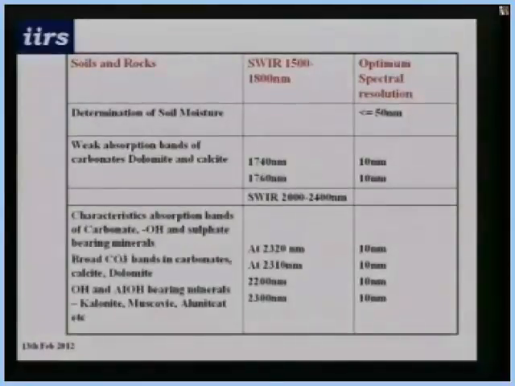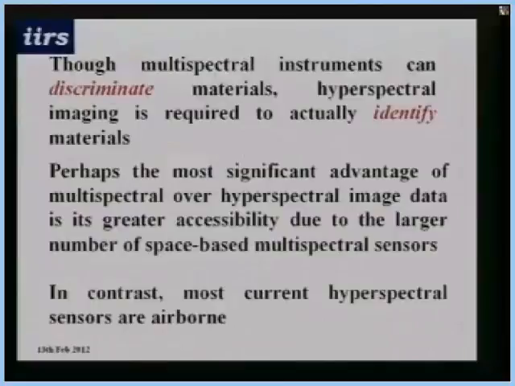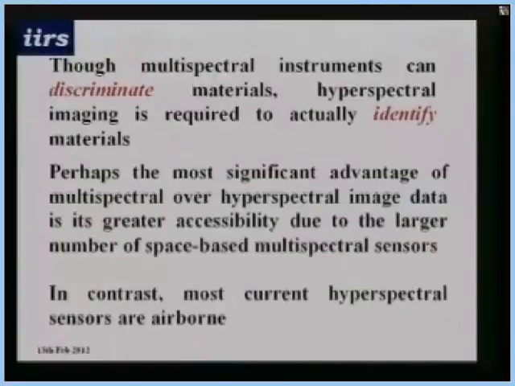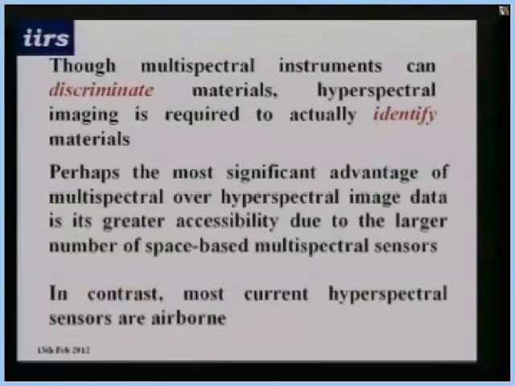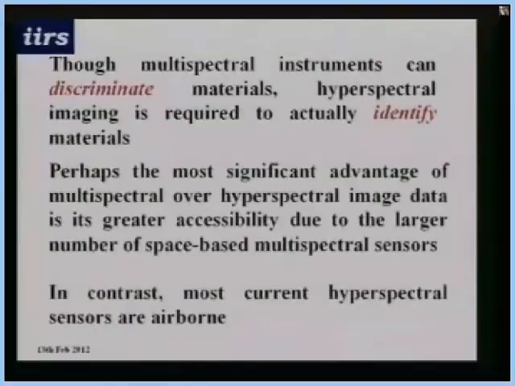So this is the optimum spectral resolution required to detect most of the land cover features on the Earth's surface. So we can conclude that multispectral instruments can discriminate materials because they measure different characteristics in a relative general sense, whereas hyperspectral imaging is required to actually identify materials on the ground.